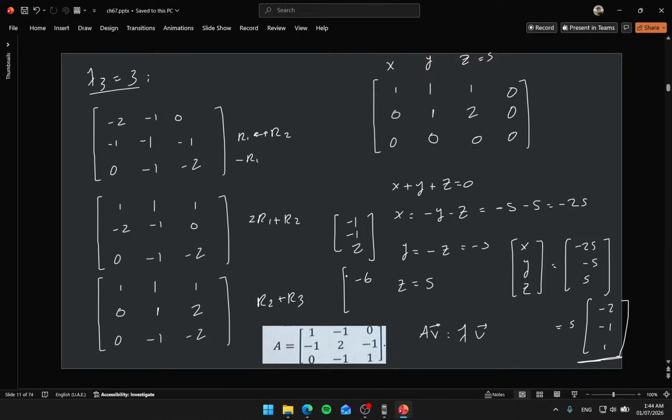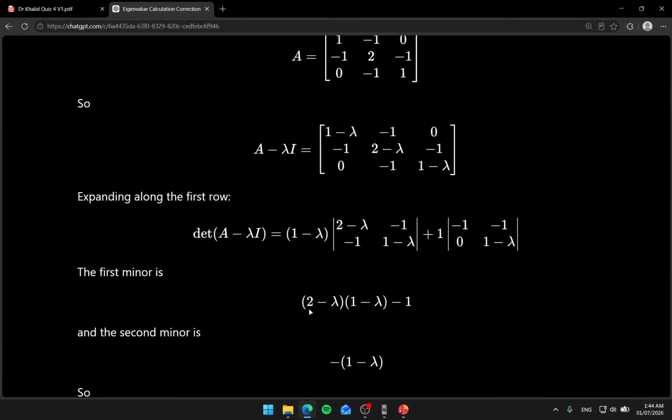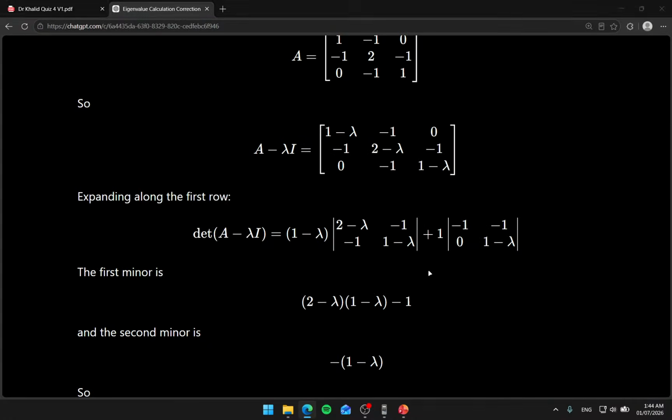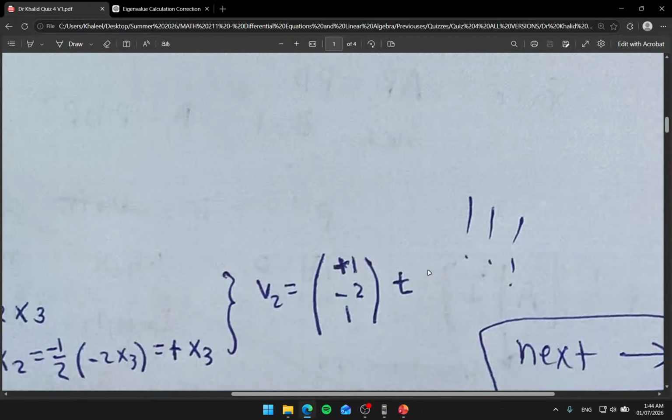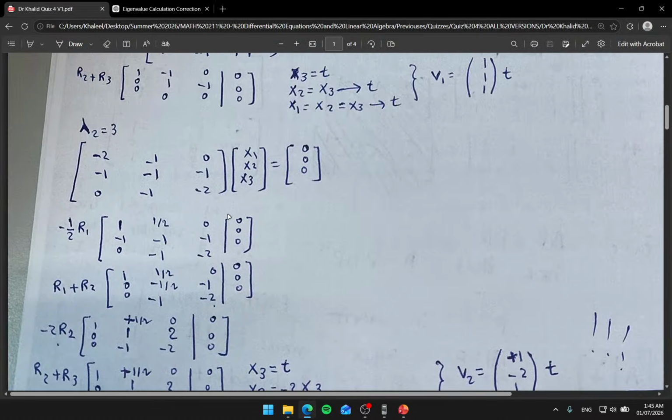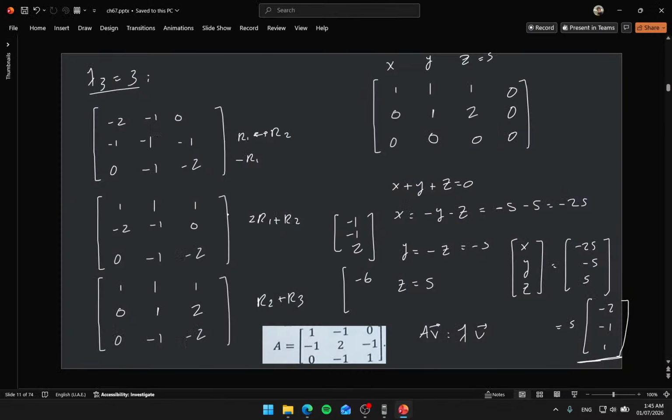Okay, that's not true. Then what's the matter? Did I do something wrong? I switched and then multiplied by negative 1, then 2 times R1.